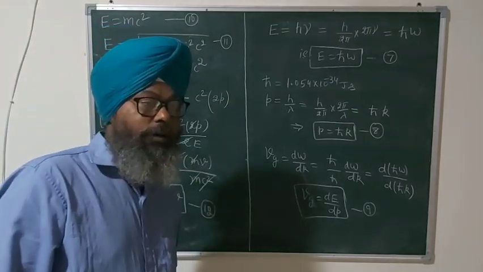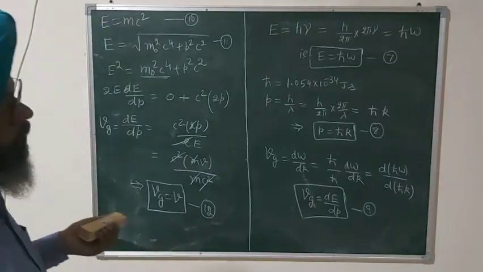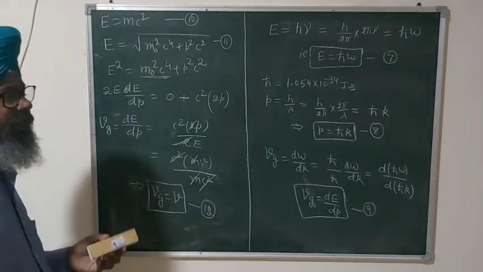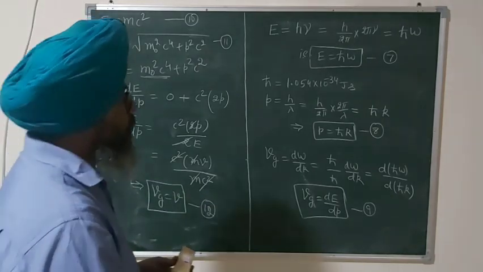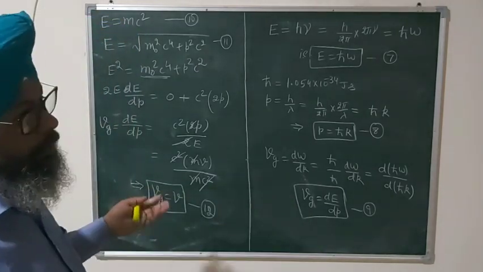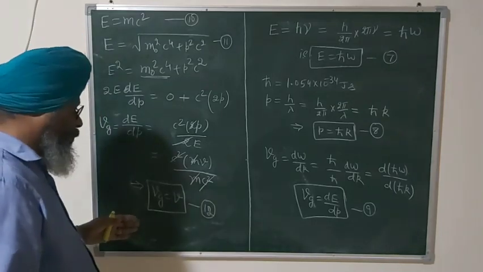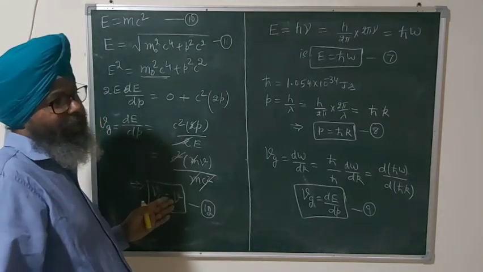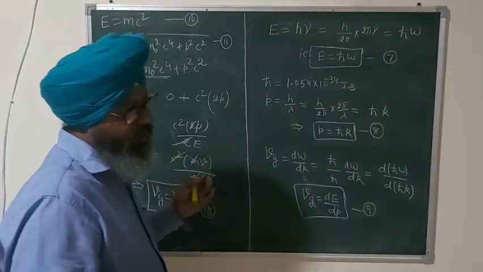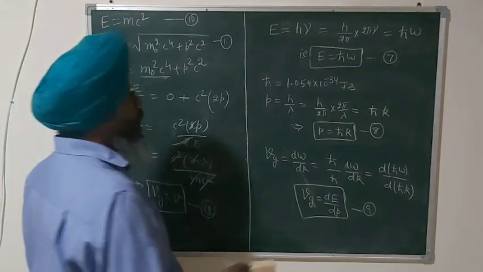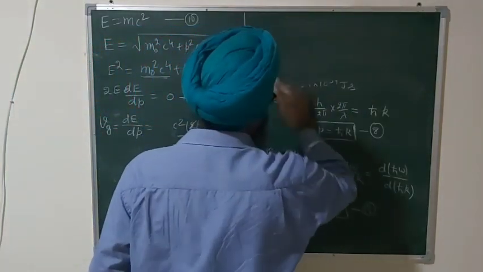I have already told about that experiment. Its name is Davisson and Germer experiment, that we will discuss in a later lecture. But today we will be developing a mathematical model and trying to prove that Vg can be less than C under certain circumstances, and let us find those circumstances.